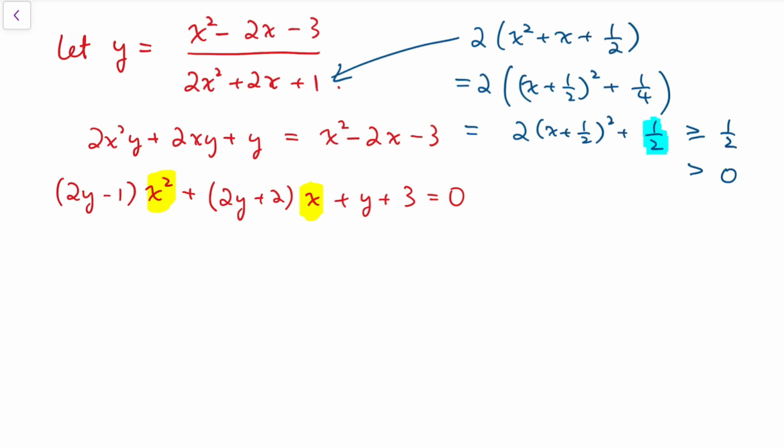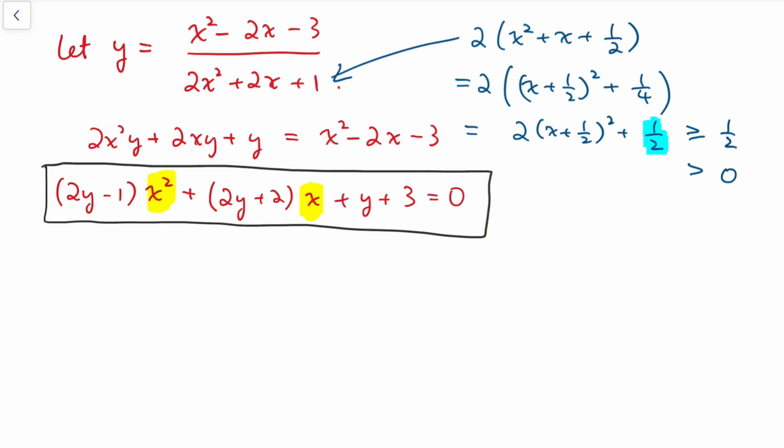So for the quadratic equation that I've set up just now, all inputs of x are valid. That means for any values of x, this quadratic equation should have real solutions. So I can say that the discriminant of this quadratic equation is non-negative.